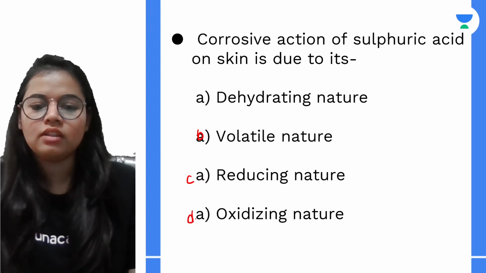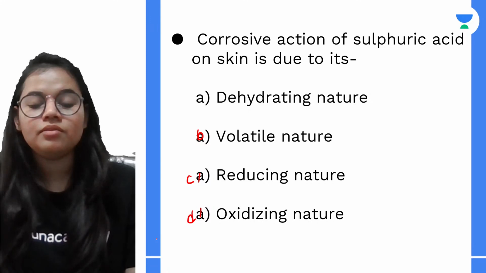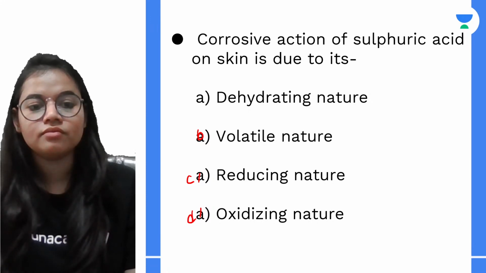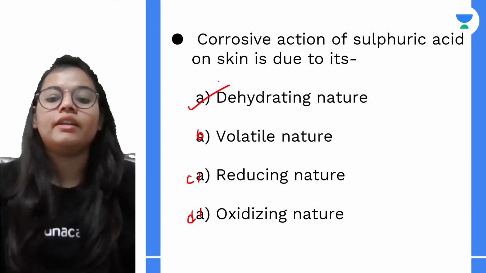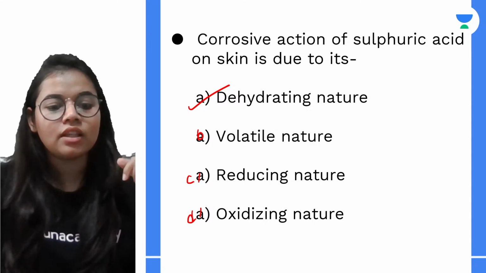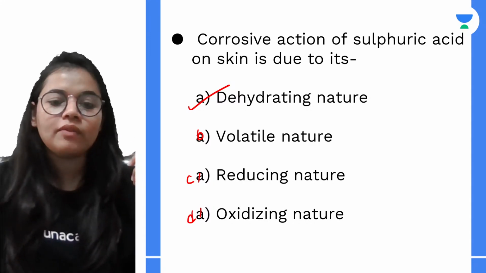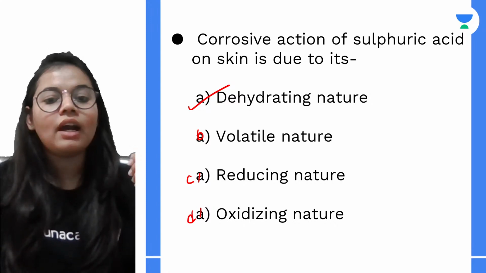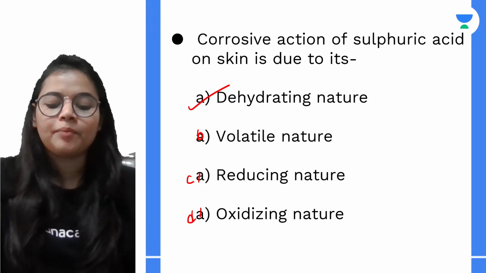It's A, B, C and D. Yes, which nature? It is dehydrating nature. तो जो हमारा सल्फ्यूरिक एसिड होता है उसका बड़ा ही dehydrating nature होता है. Okay, volatile, no, it has nothing to do with the volatile nature, dear. जो dehydrating होता है उस वजह से हमारी स्किन पर ये corrosive effect बताता है.